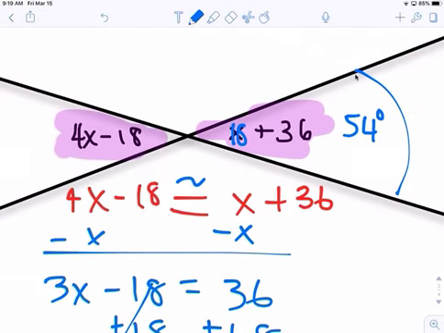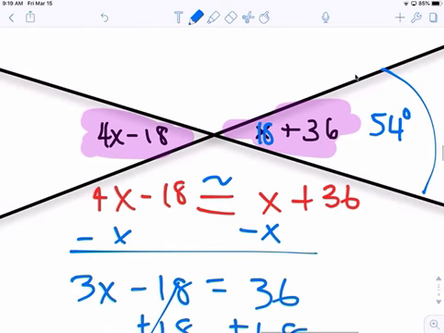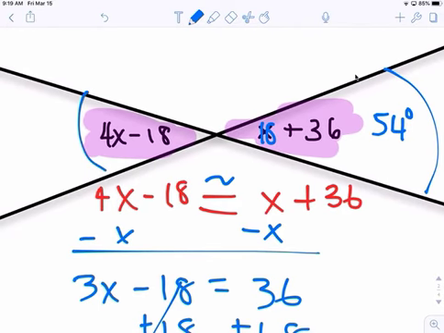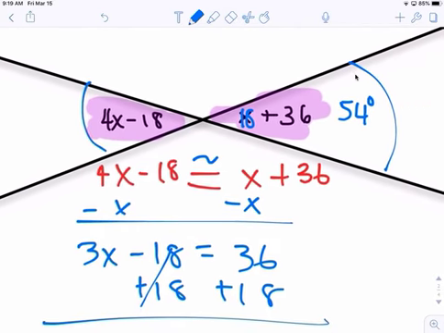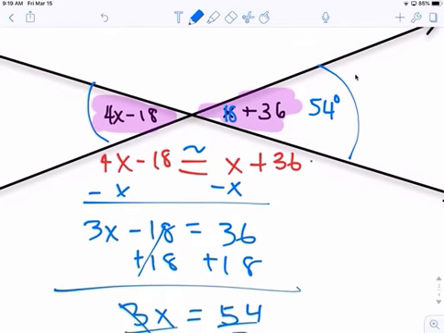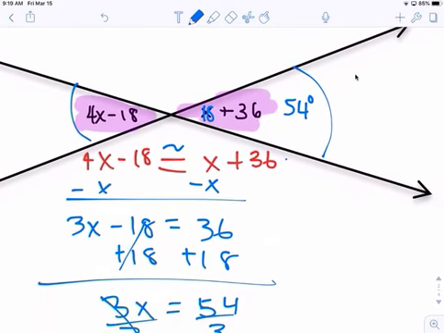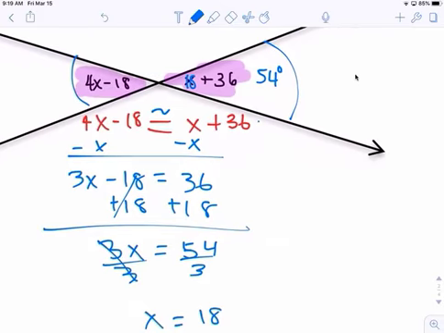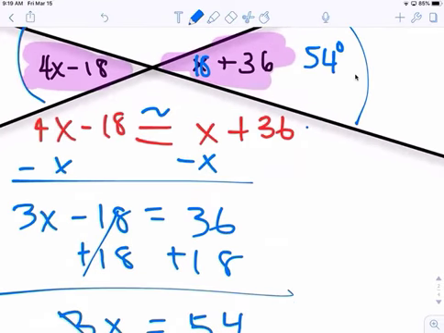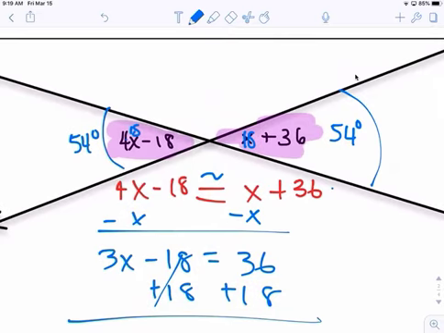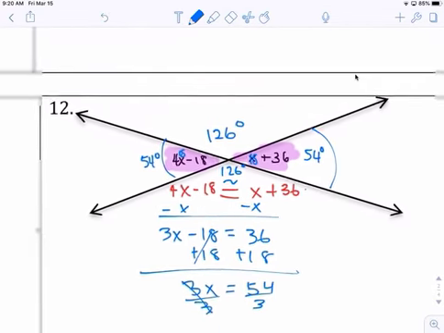And this other one is also 54. 4 times 18 and then minus 18 should be 54 degrees. Okay, if that's 54, then this is 126 degrees, 126 degrees. Okay, makes 180, that's why.